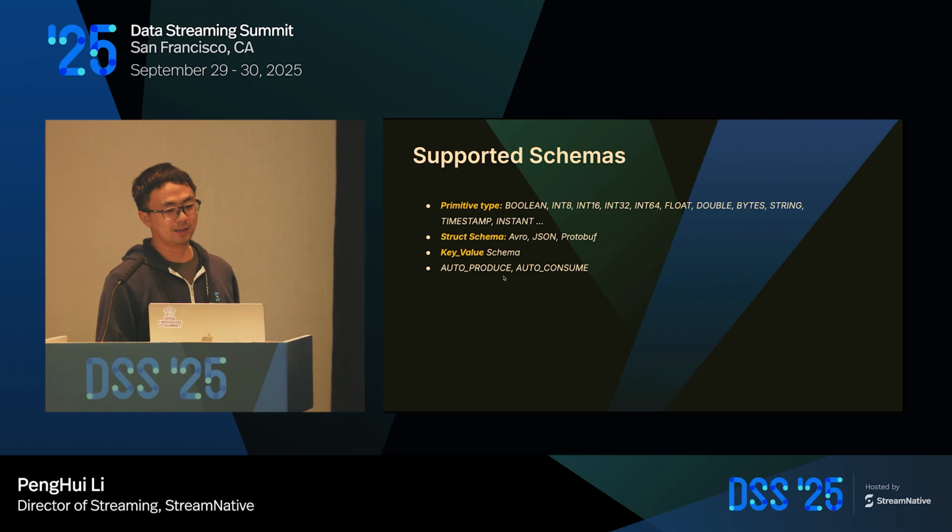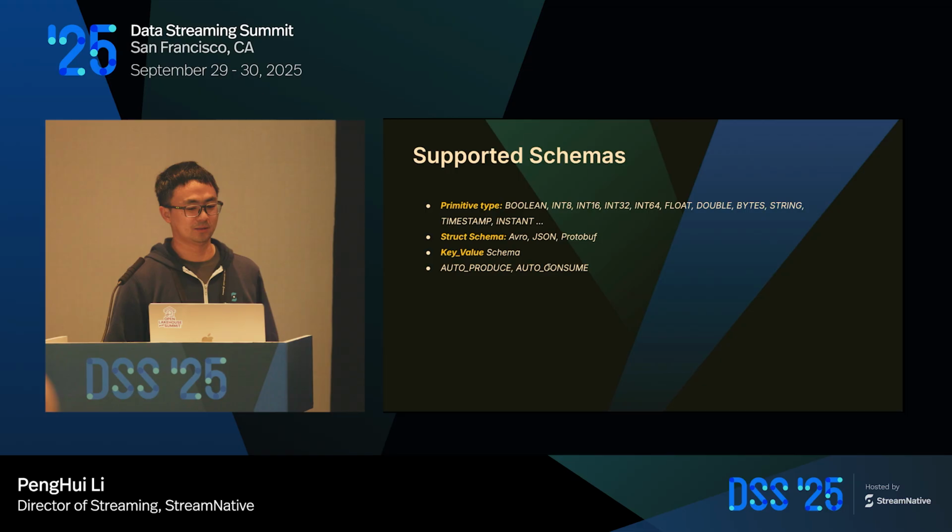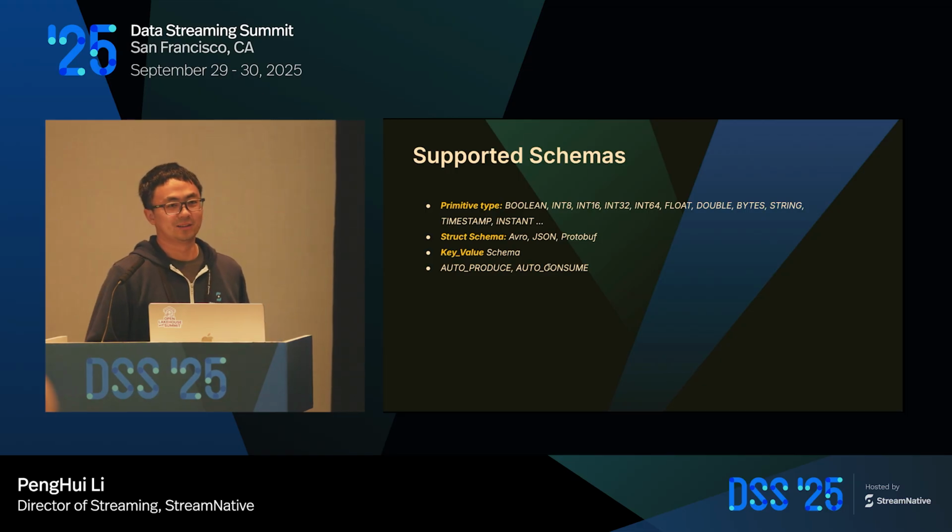The other two special schemas are auto produce and auto consume. Auto produce means your data is already serialized. You don't want the Pulsar client to try to serialize it again, so you just need to specify the schema and send the data directly.